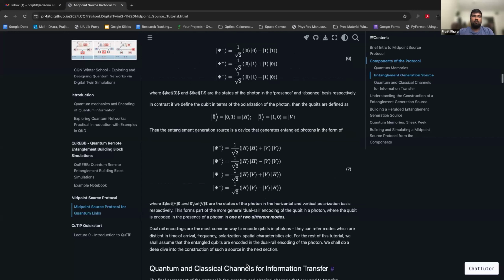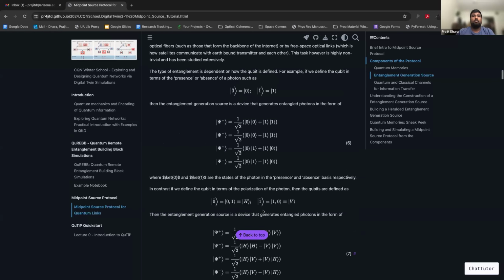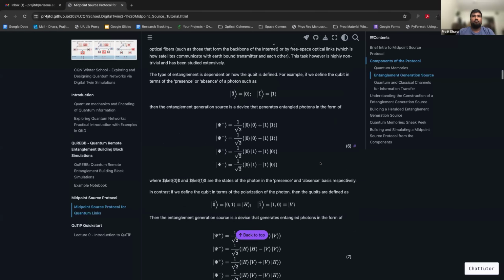Dual rail encodings are some of the most common ways to encode qubits in photons, because of certain conveniences that we have with respect to doing quantum gates on single qubits. Specifically, from a very basic point of view, any single qubit rotation over here, or single qubit manipulation, meaning if I take a state alpha H plus beta V, changing it to some alpha prime H plus beta prime V, requires only changing which mode the photon occupies or what the relative phase between the 2 modes is.